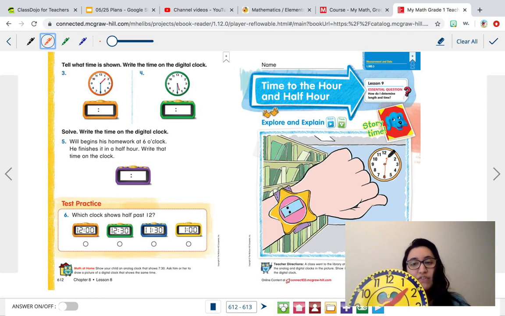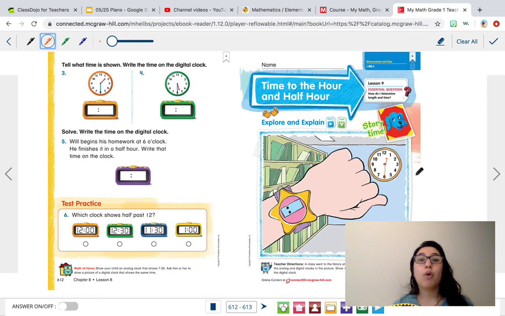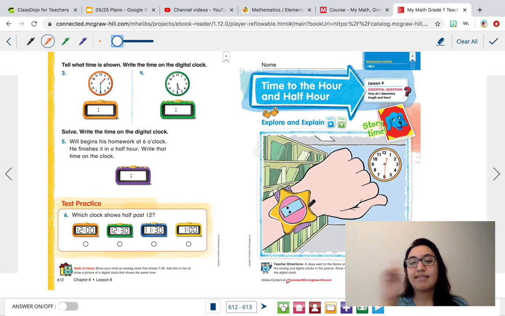Now, after we've shown it on our analog clock, we have to show it on our digital clock. So how do we show 1:30? See the wristwatch on the girl? That's a digital clock. So we have to fill in the hour and the minutes. So 1:30, that means the minute is going to be 30.